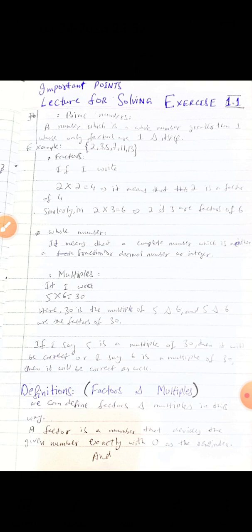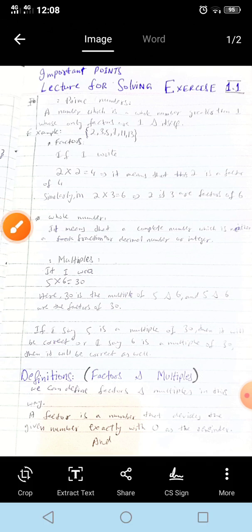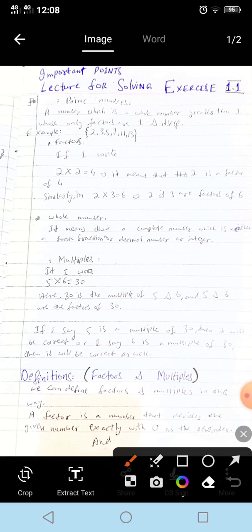As I write 5 multiplied by 6 is equal to 30. 5 sixes are 30. Here 30 is the multiple of 5 and 6, and 5 and 6 are the factors of 30. It means that 6 is a multiple of 3 and 2, and 2 and 3 are factors of 6.